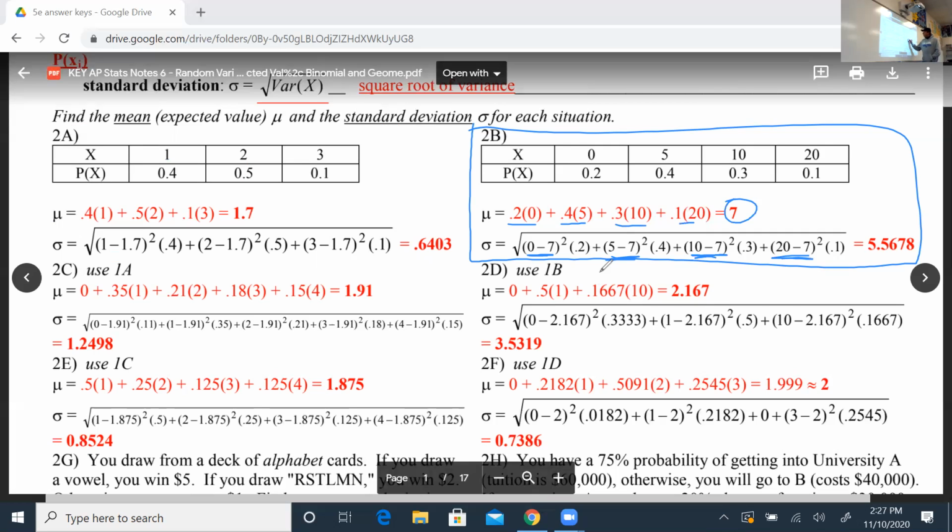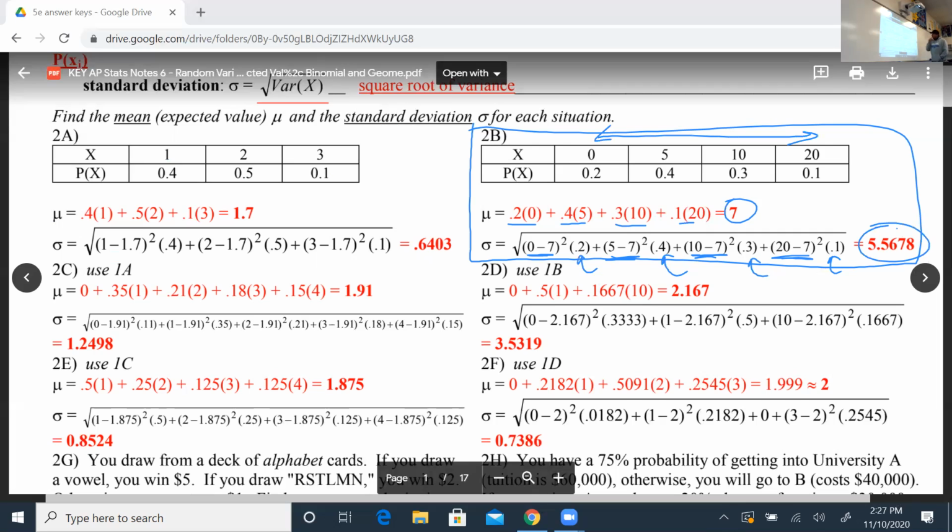And then we multiply it by how often it happens from the table. And once you get all of that, you square root it, and then there's your answer. So this has a mean of 7 and a standard deviation of like 5.5, which is fairly big from that data set. Mostly because these numbers are so far apart in the data set.